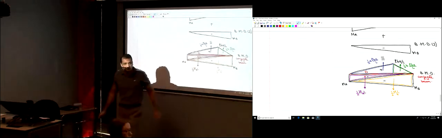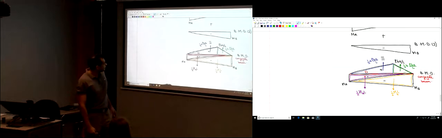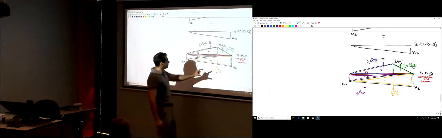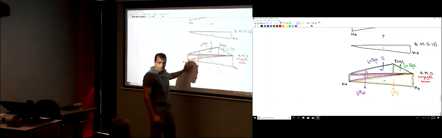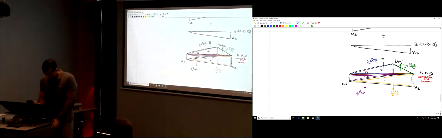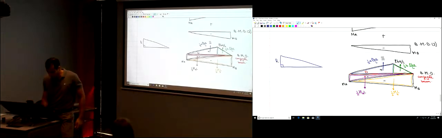Yes? Seems like the length on that yellow triangle would be longer than the way it looks. So why is it? You mean this is longer than L? Right. That's how it looks. Okay, I don't know if you took this in school or not, but when you have a right angle triangle like this, it's 1/2 BH, if this is the height and this is the base.